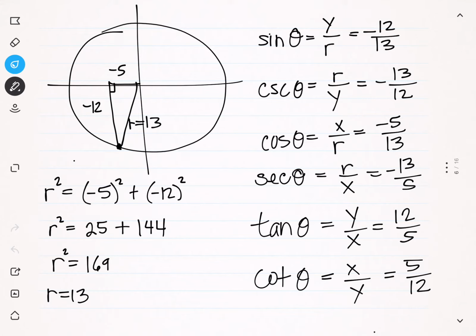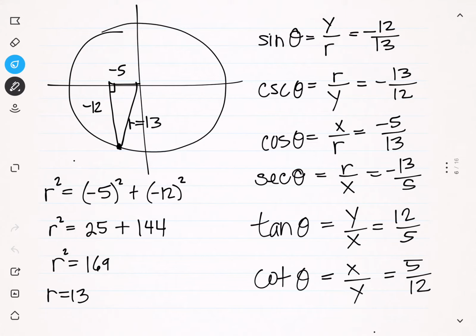So what we're going to do here is sine, which is y over r. So that ends up being negative 12 over 13. Cosecant is the reciprocal, r over y, so that's going to give us negative 13 over 12. Cosine is x over r, so that's going to give us negative 5 over 13.